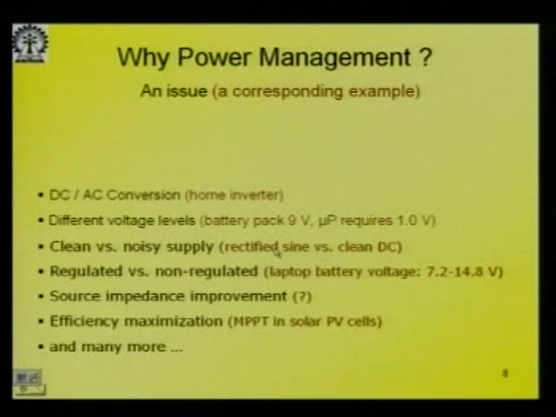Rectified sine wave is not really a good power supply, but you need to have a clean DC which is almost constant. Regulated versus non-regulated, that is, you need to have regulated voltage so that you always get the desired power from your source. And then there are some more issues like source impedance control.